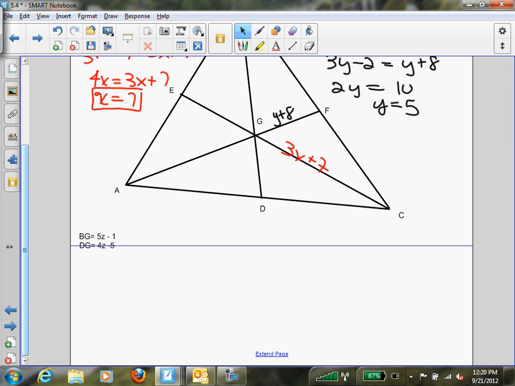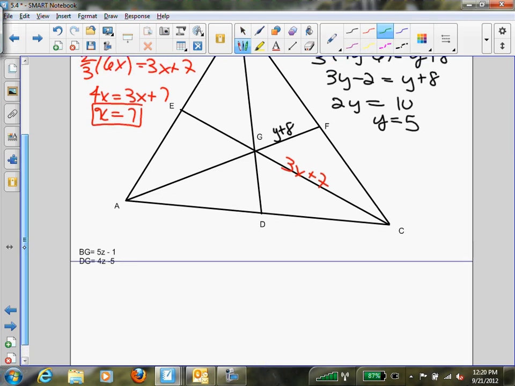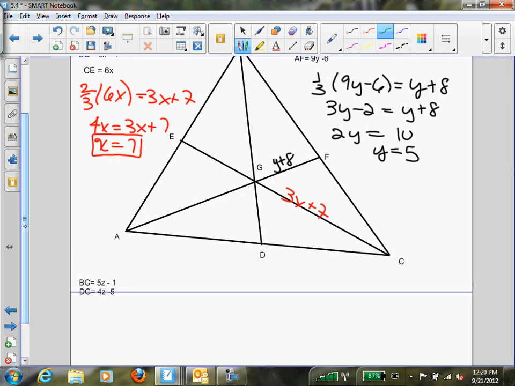And the last one, I'm telling you, BG is 5z minus 1, and DG is 4z. Does that say minus 5? I had a blue line through mine. So what algebraic expression will I write here? What do you think?